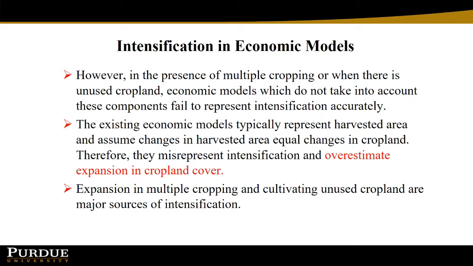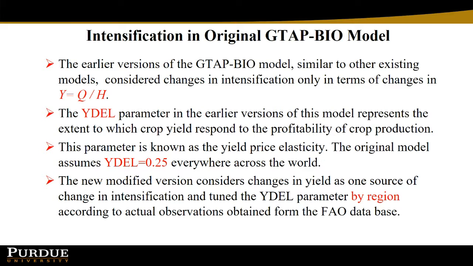So if that's the case, then changes in yield could represent changes in intensification. You are fine if that's the case. But as I showed you, that's not the case. So in the presence of multiple cropping, or when there is unused cropland, economic models which do not take into account these components fail to represent intensification accurately.